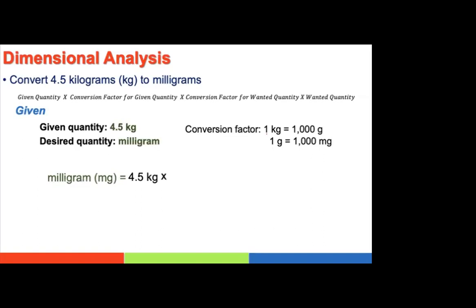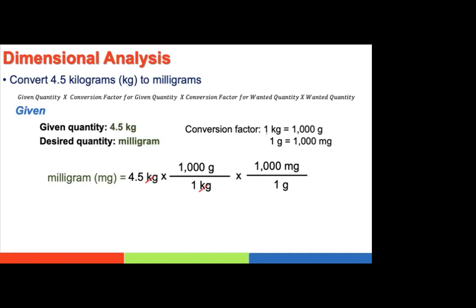Kung gagawin natin yung conversion factor, 4.5 kilogram times 1,000 grams over 1 kilogram. So I will be able to cancel out the unit kilogram. And then from gram, I will now convert it to milligram using the conversion factor, 1,000 milligrams over 1 gram.